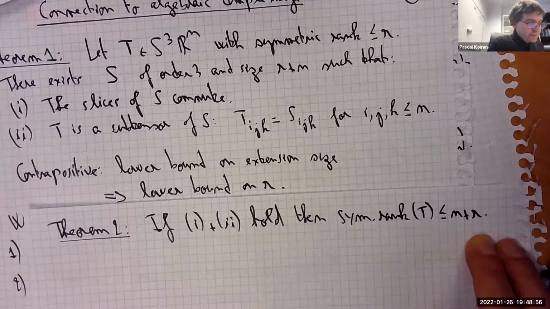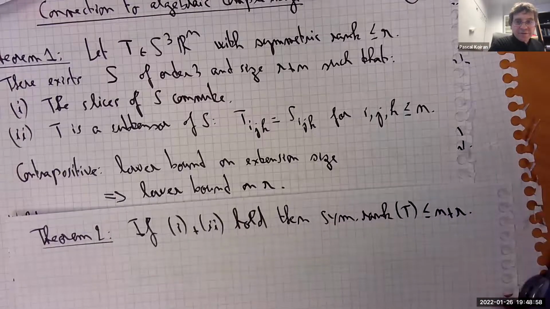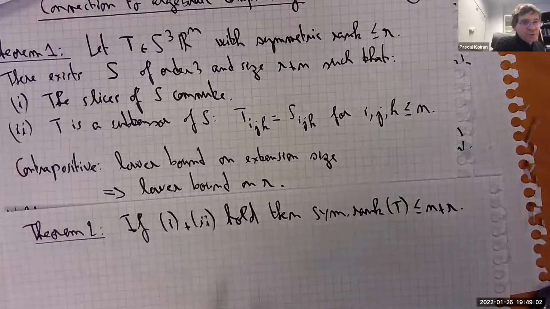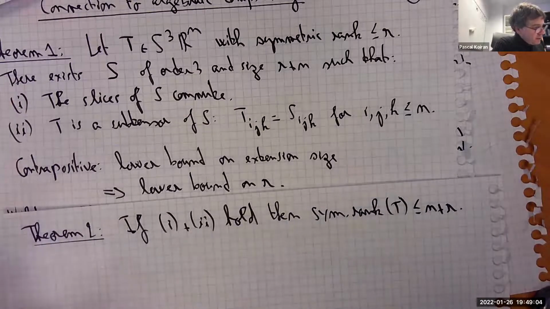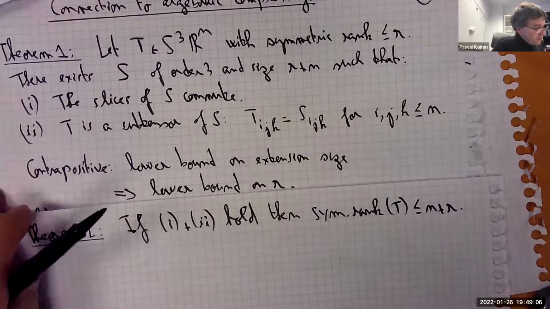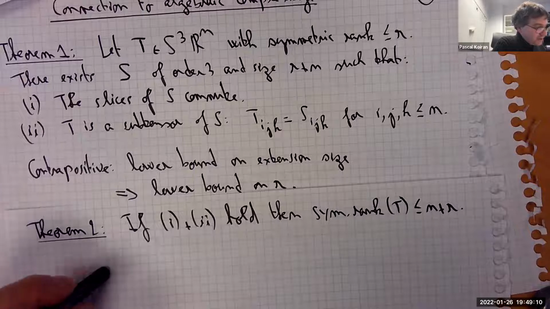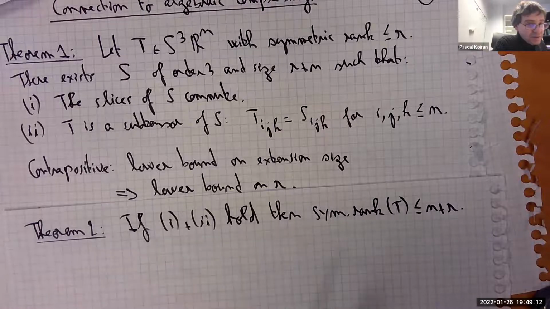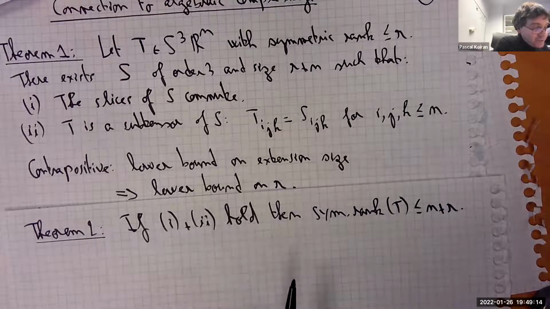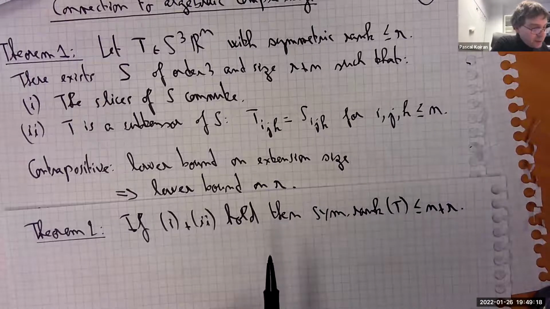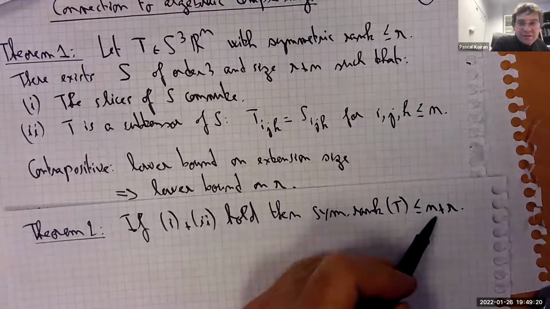It's n plus R. So when you put these two theorems together, this shows that the size of the smallest commuting extension is basically a characterization of symmetric tensor rank up to this additive term n. So you lose n.